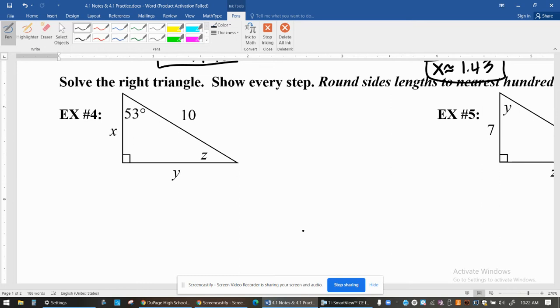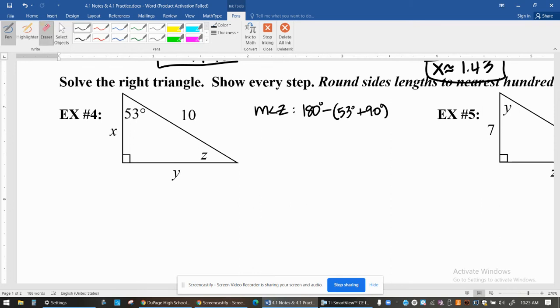So according to the rule of 180, to find the measure of angle z, all I have to do is take 180 and subtract the two angles that were already given, which are 53 degrees and 90. So if I subtract those from the 180, that'll give me the value of z. So 53 plus 90, and then subtract that from 180.